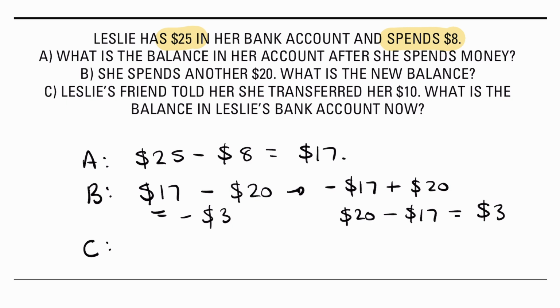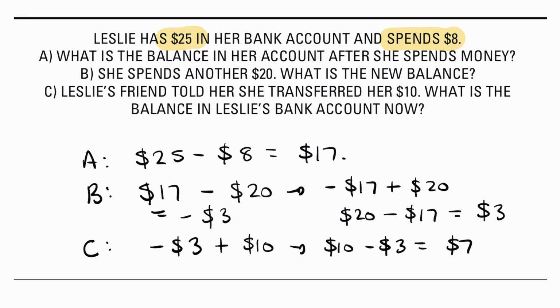So we would set this up as -$3 plus the $10 that her friend has added in. And I would reorder this to $10 minus $3, which would then equal $7. And so Leslie's new bank account balance would be $7 after her friend transferred her $10.